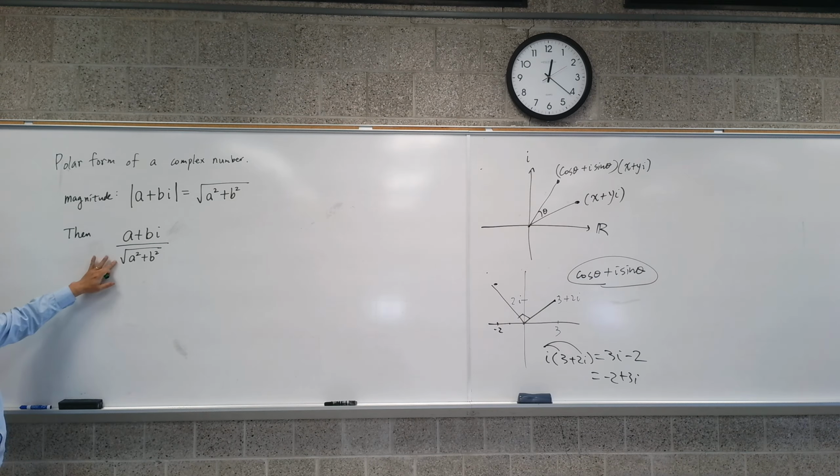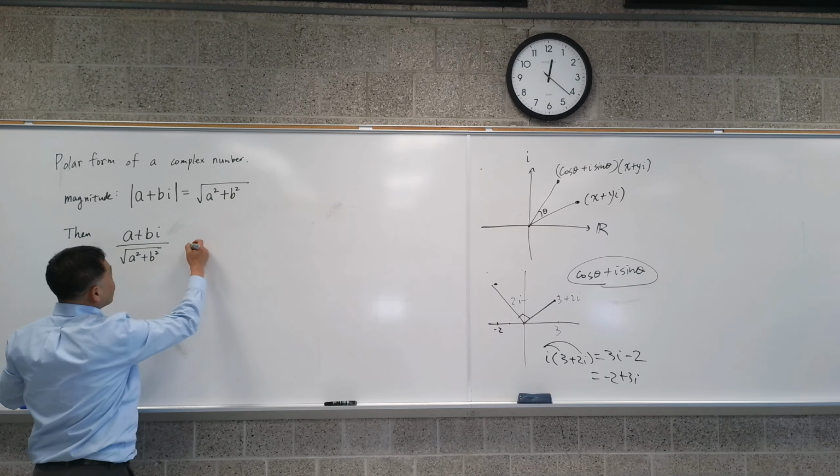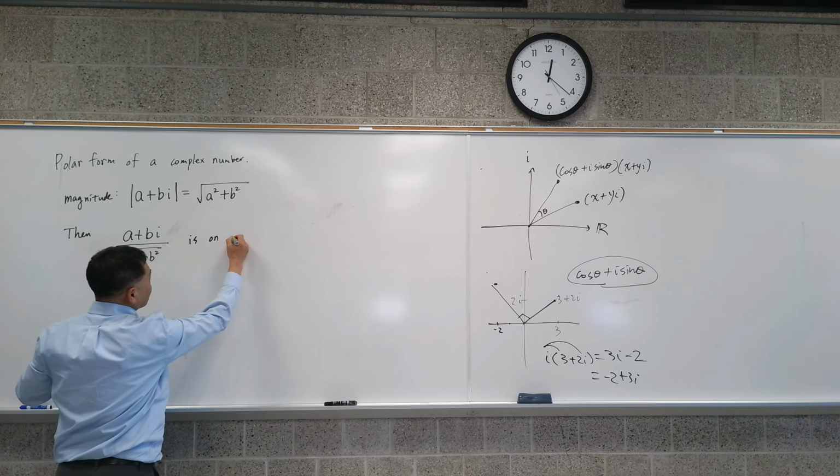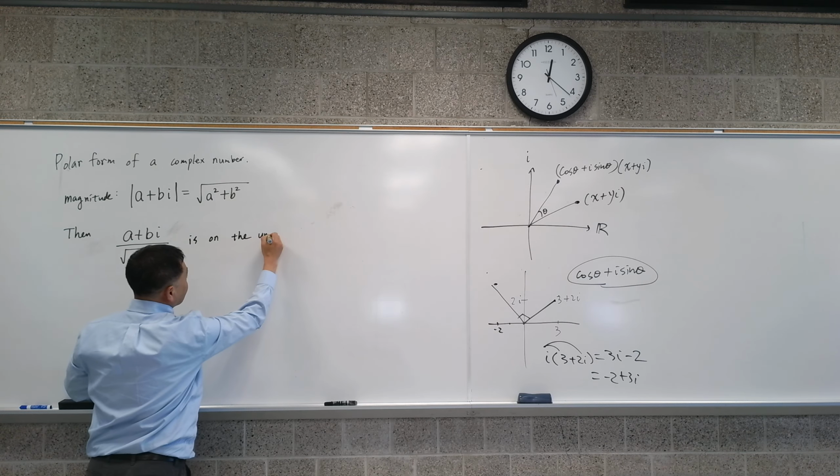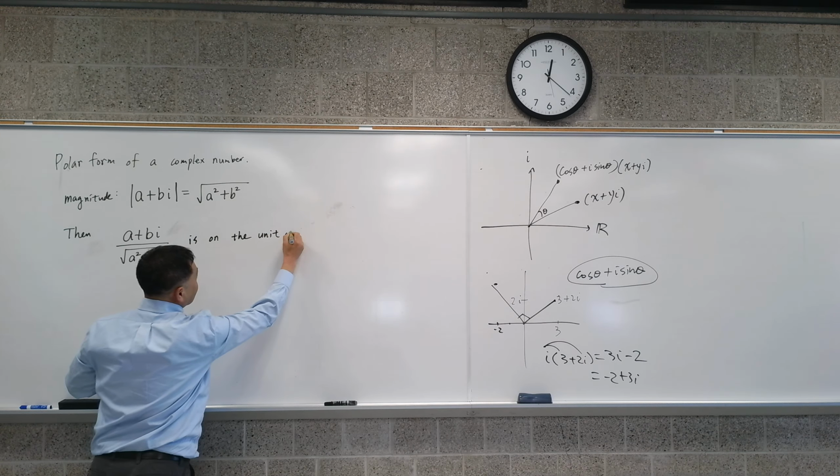Any vector divided by its size, its magnitude, you get a unit vector, right? So then this is on the unit circle. I can't call this a vector because it's a complex number, but at least it will belong to the unit circle, right?